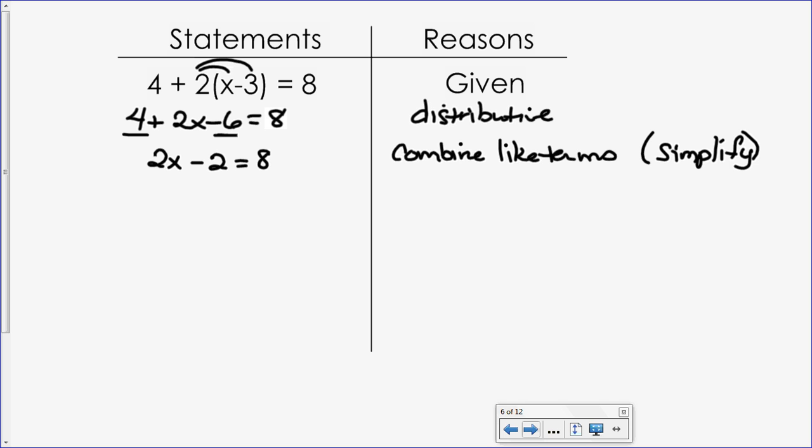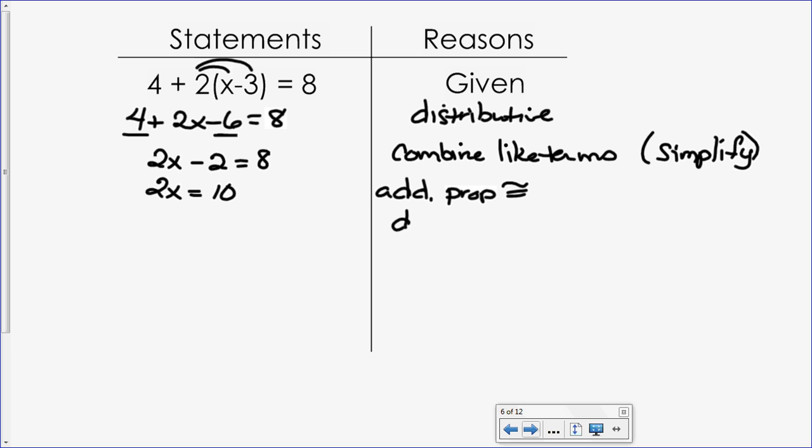Ryan, what's the next step in solving this? Add the 2 to the 8. So 2x will now be equal to 10. When he added the 2 to 8, he's using the addition property of equality. Jennifer, what's the last step?